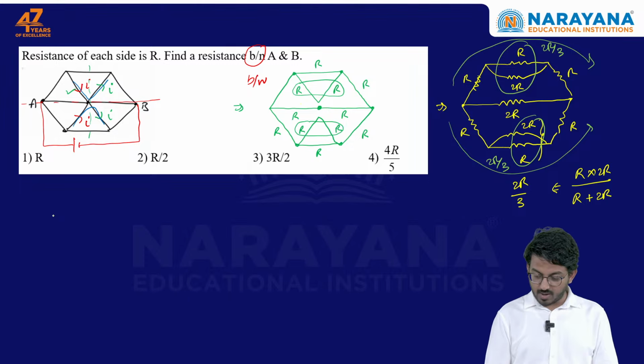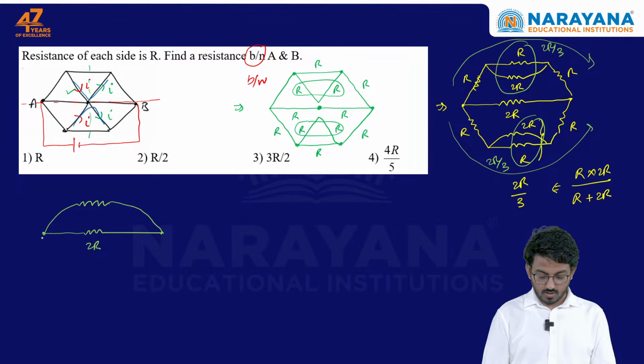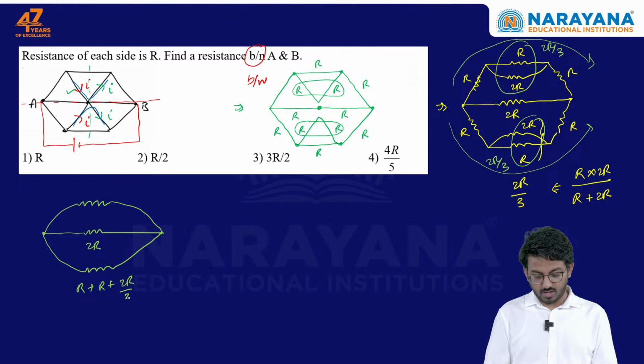So now the diagram can be readjusted with the center line being 2R. So this being R plus R plus 2R by 3 because they are in series, giving us 8R by 3, and this also is the same, so therefore 8R by 3. Effective resistance is going to be these three in parallel.